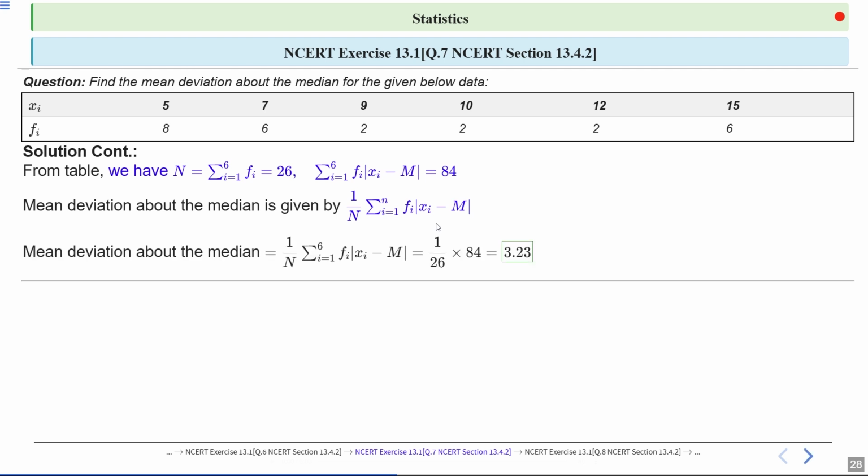So we have mean deviation equal to 1 by 26 multiplied with 84. When we calculate this, we get mean deviation is 3.23, and this is our final answer.